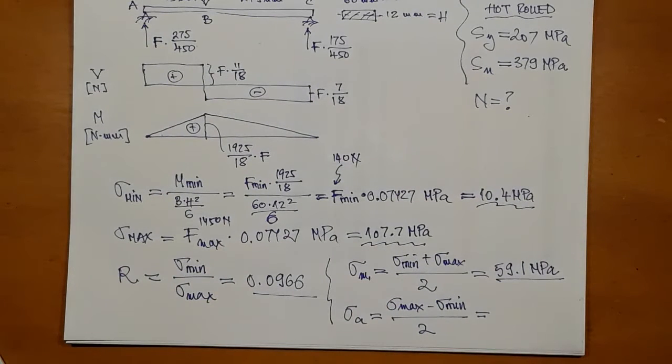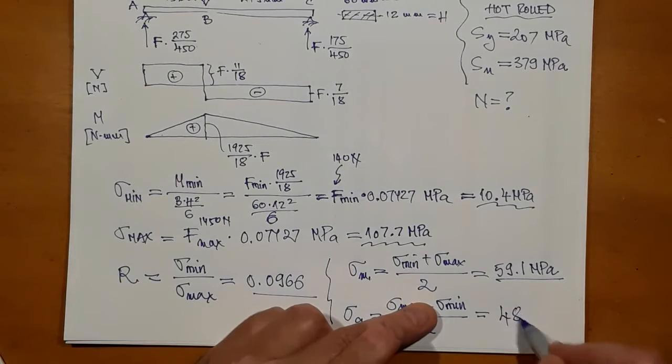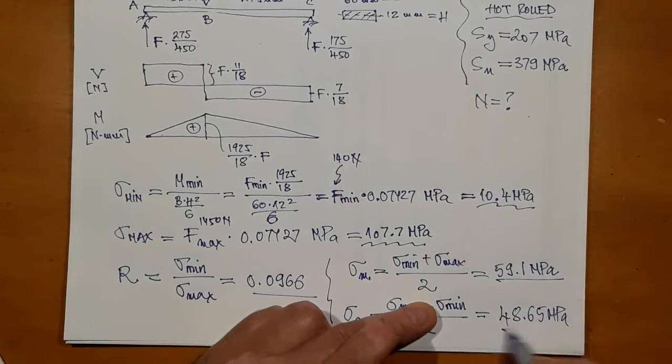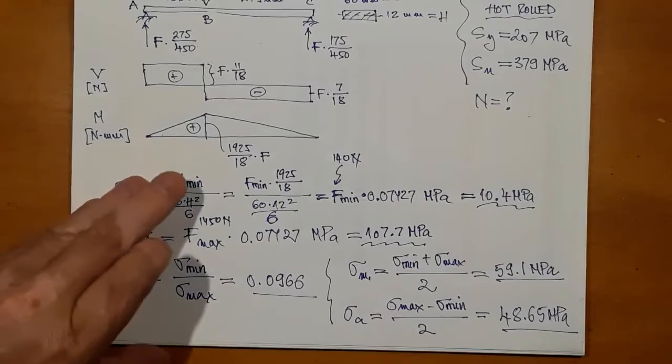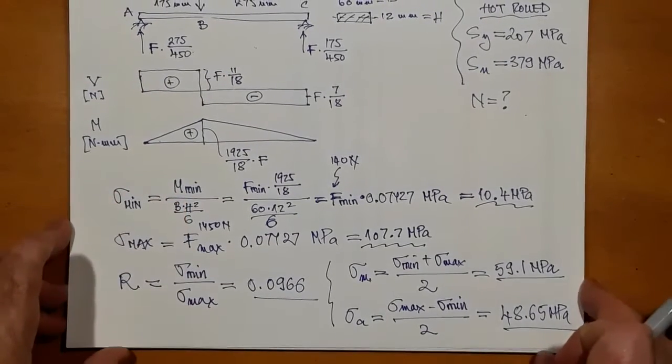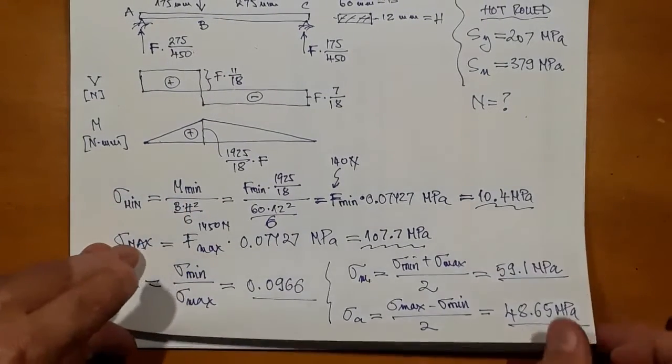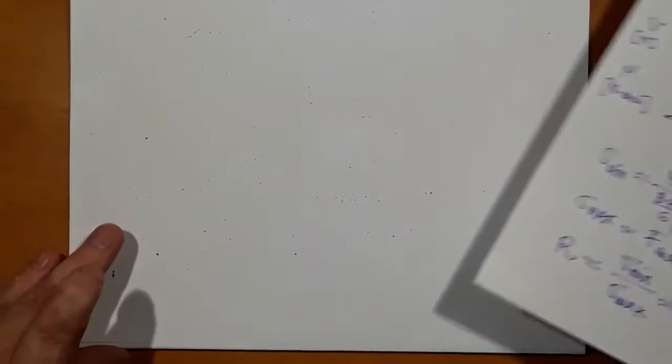And the other one, the alternating, is going to be 107.7 minus 10.4 equals, that's 48.65 megapascals. So I have the mean value and I have the alternating stress value. We're going to make use of these.